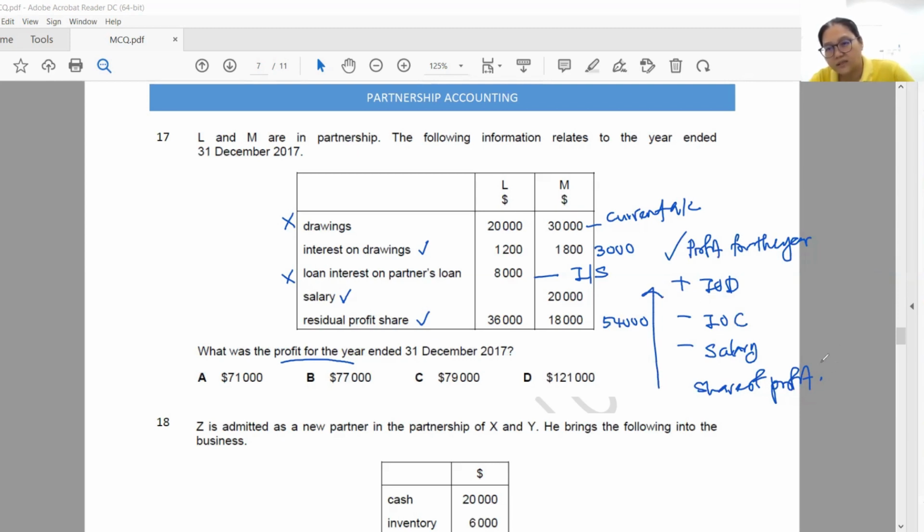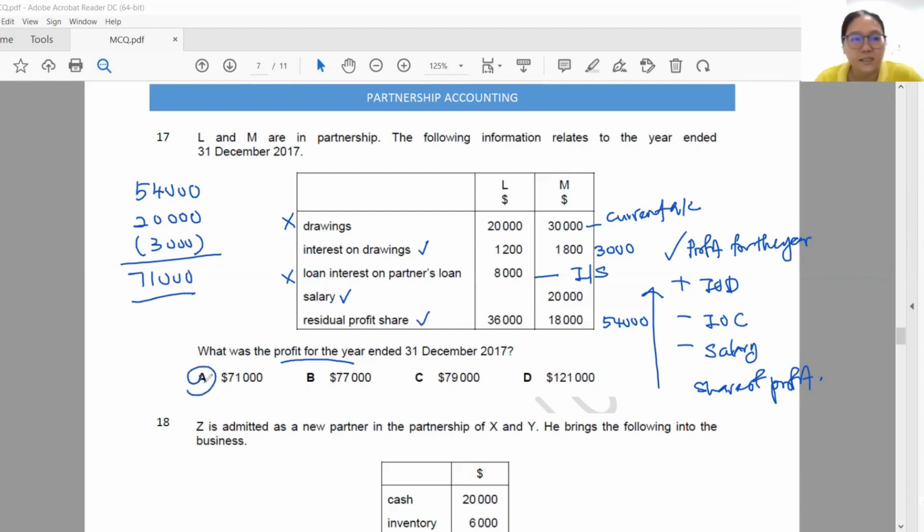We have to take this plus this and minus this. Therefore, the residual profit is 54,000. Then here we have to add salary 20,000, and here we have to minus 3,000. So the total amount will be 71,000. Okay, next, move on.